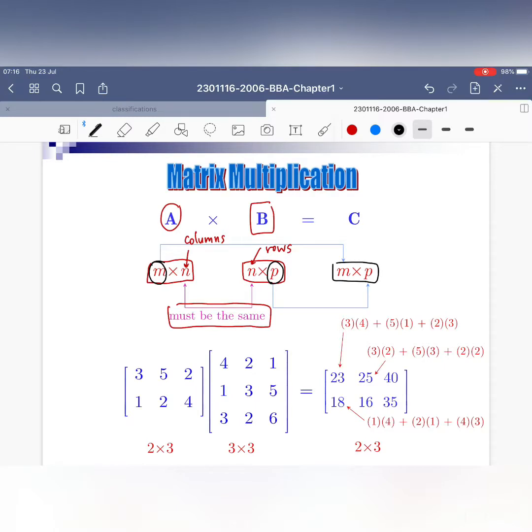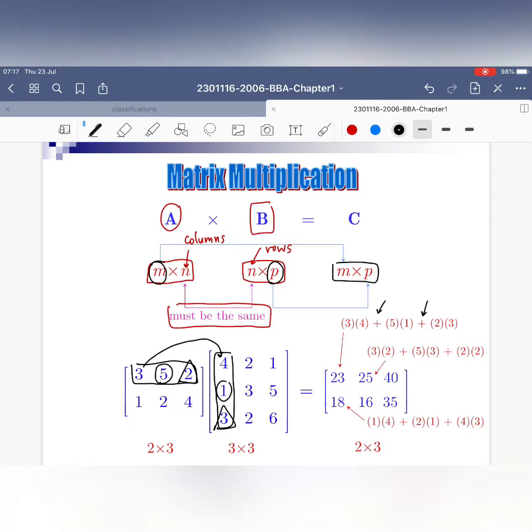Okay, and how do we do that? We are going to multiply the whole row by the whole column. That's why we need to have the same number of columns and number of rows. So we are going to do 3 multiplied by 4, 5 multiplied by 1, and 2 multiplied by 3. And after you got the multiplications, you are going to add these 3 products.